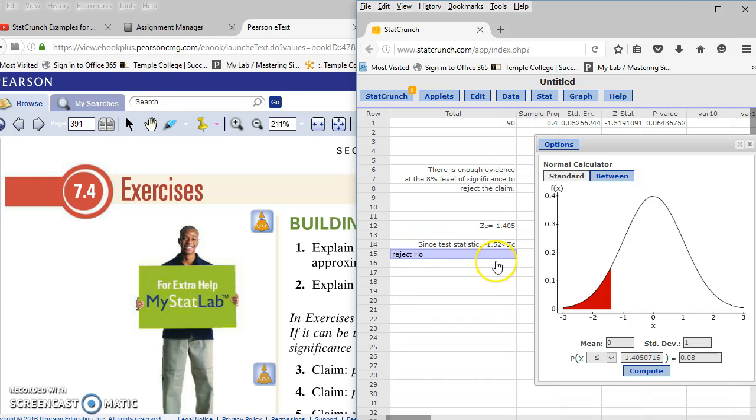So there's actually two ways to check this. You can either verify with the p-value, or you can use the rejection region from your distribution and compare your test statistic to the critical value. And again, our critical value is negative 1.41, and our H sub A was less than, so we had to use a less than to get to the left tail.